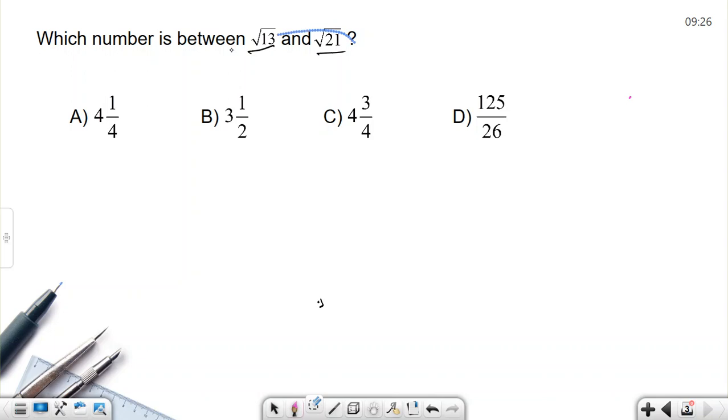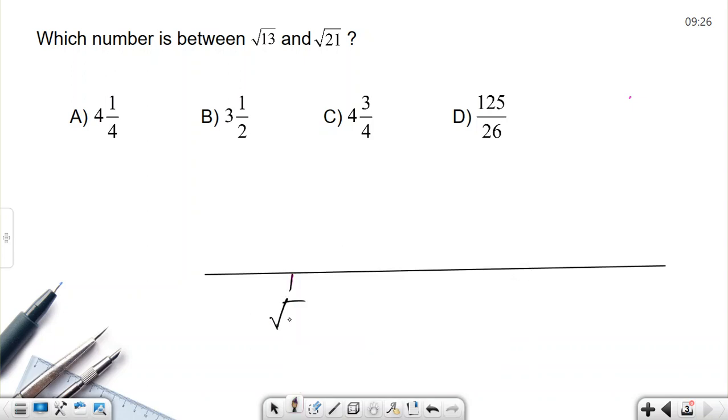I want to tell another thing here. Let's clean everything. We can use squares of the numbers again. Let's draw a number line here. I have the square root of 13, so this is my number, and the square root of 21.